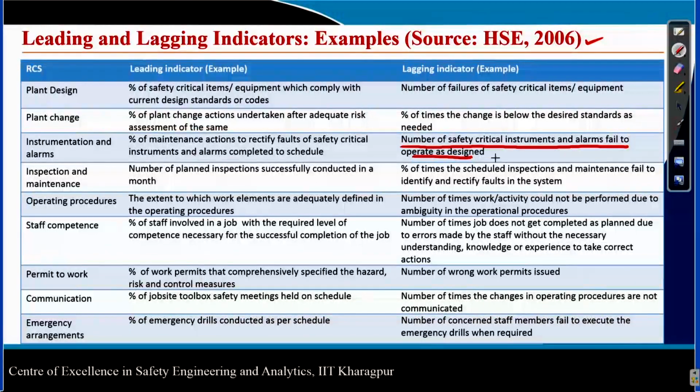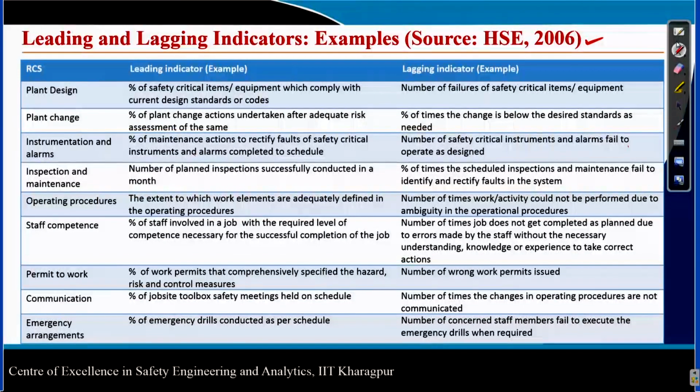But this gives you the performance of the risk control system. So it is an undesired safety performance point, but it talks about the weakness of the risk control system. Here it is instrumentation and alarm. So you have to understand.